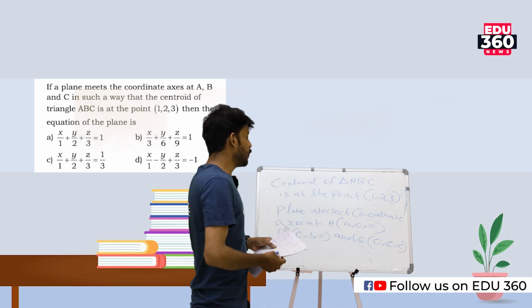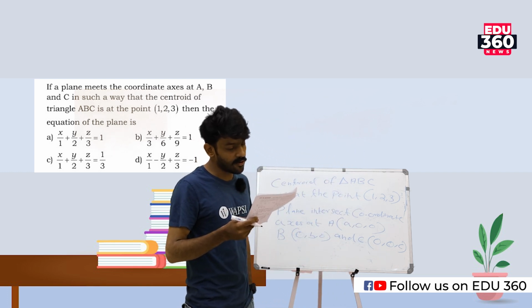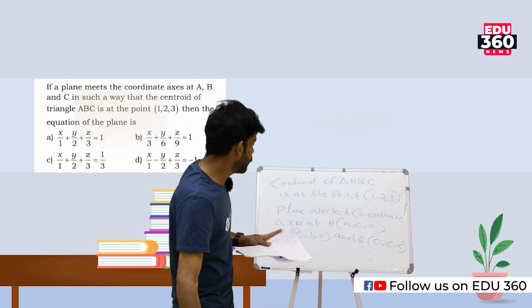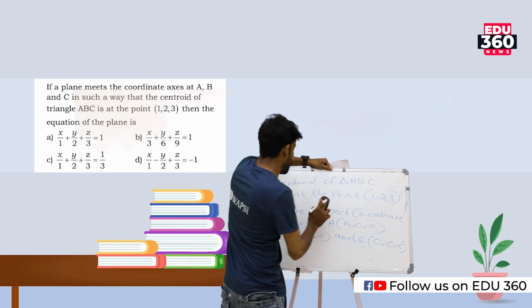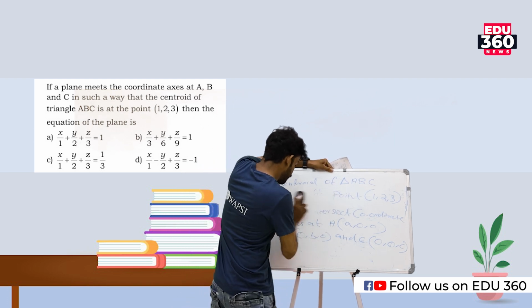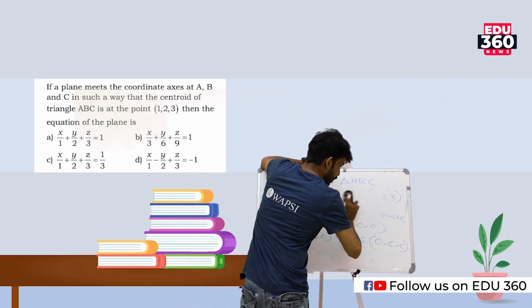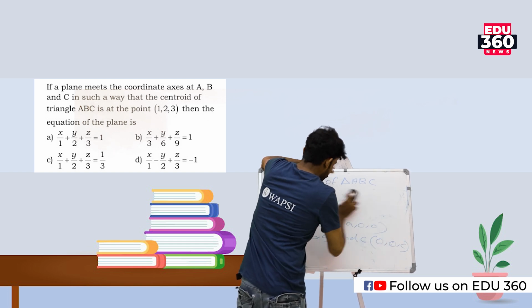So for this one, we can write the centroid of the triangle ABC.